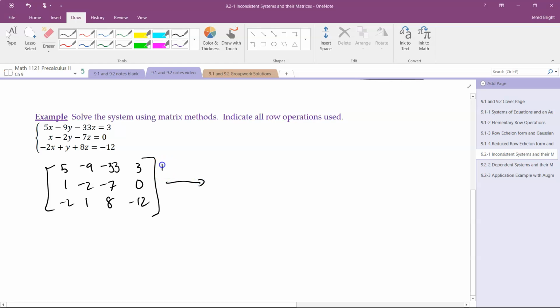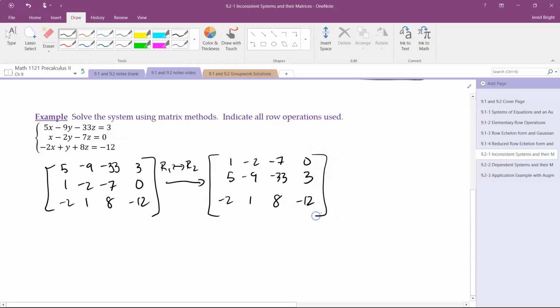I'm going to interchange row 1 and row 2. When I do that, I get 1, -2, -7, and 0. I'm going to forego the dashed line just for speed. And then I'm going to have 5, -9, -33, and 3, and then -2, 1, 8, -12. Now take a moment and check your signs, make sure everything is good.